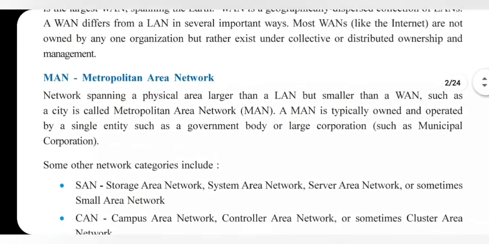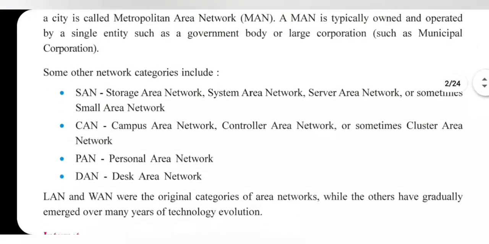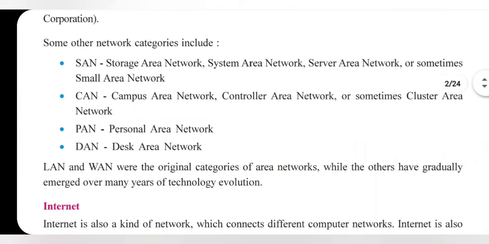Then next, some other types of categories of networks are also there, that is SAN, CAN, PAN and DAN. You have to remember all the full forms of these networks. The SAN is a storage area network, system area network, server area network, or sometimes it is also called small area network. Next is a CAN. CAN is a campus area network, controller area network, or sometimes also known as a cluster area network.